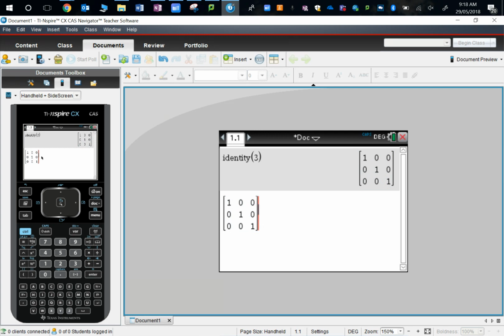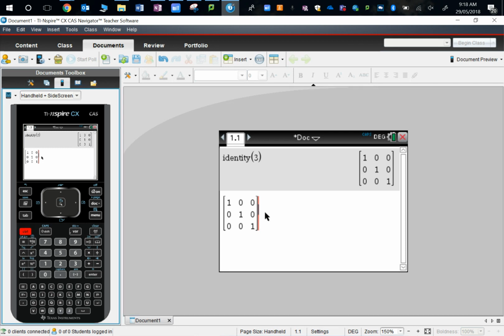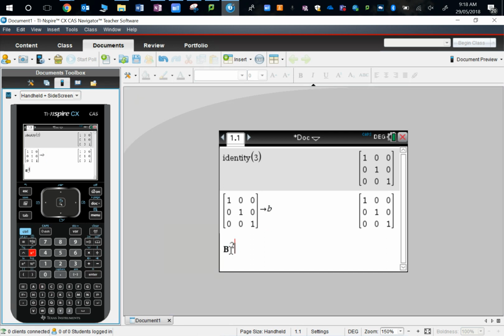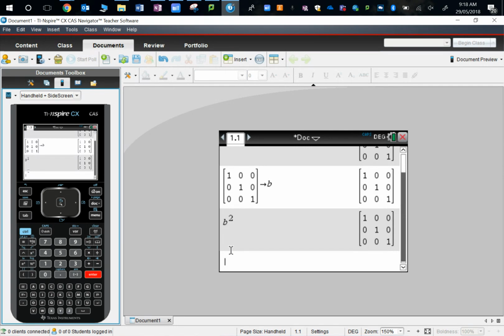I'm going to store it as B. So I'm going to go Control, var, B. And press Enter. So now it's stored as B. So if I want to write B squared, it will give me an answer, which is an identity matrix because an identity matrix times an identity matrix equals the same thing.